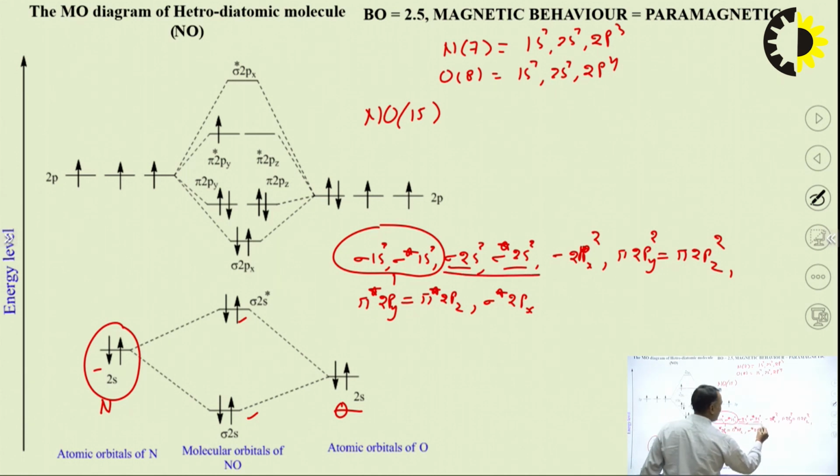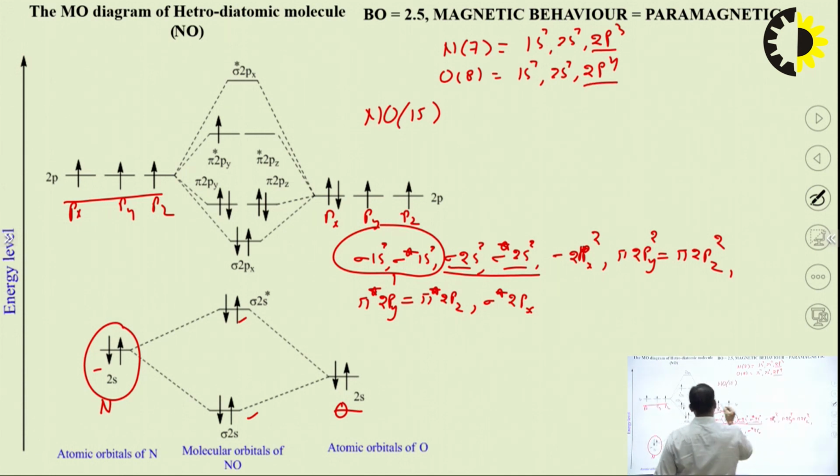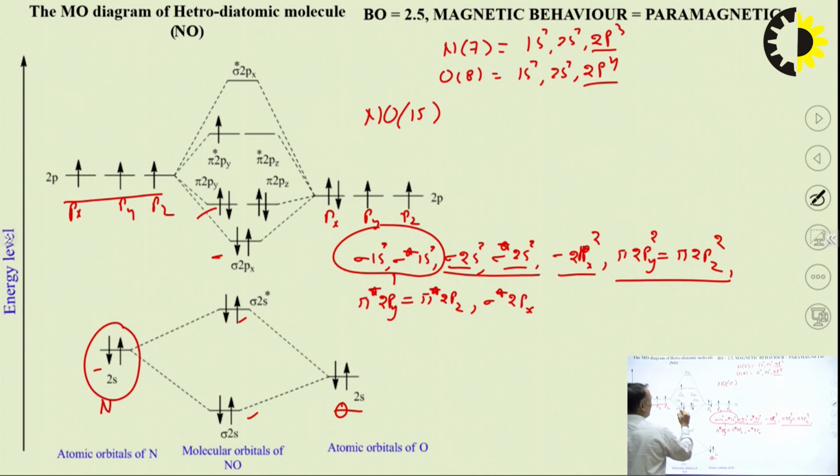So, this is clear. Now, for p orbital, there are 3 electrons in nitrogen, px, py, pz, and in oxygen, there are 4 electrons. They will overlap, and due to no sp mixing, electrons will go first in sigma 2px 2, then electrons will go in pi 2p 2, pi 2p 2.